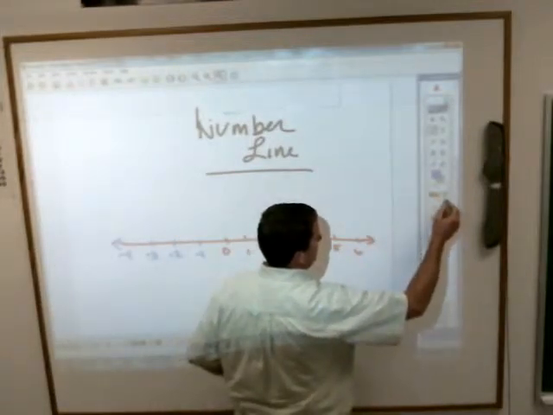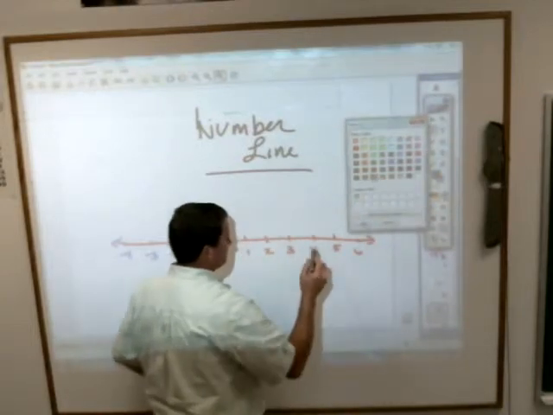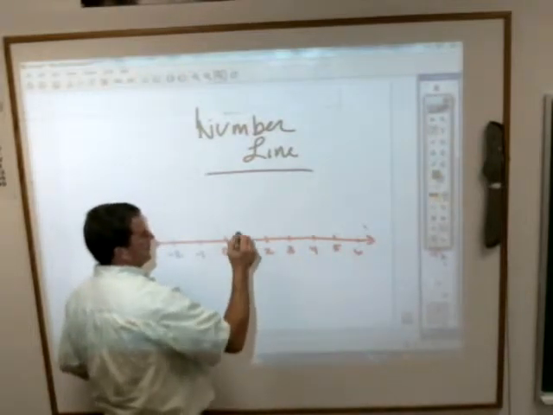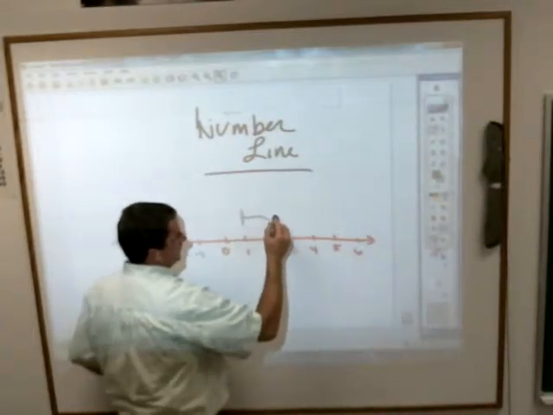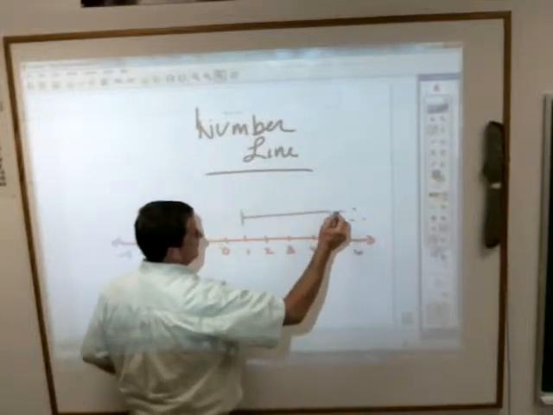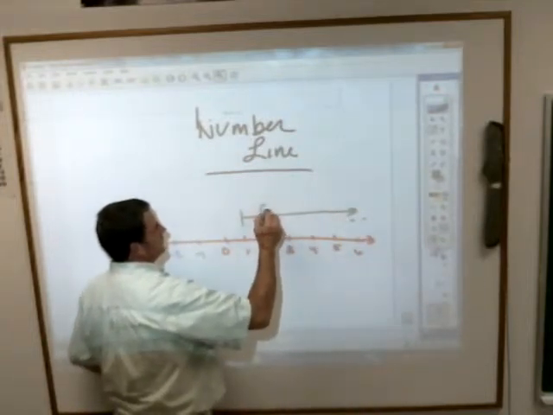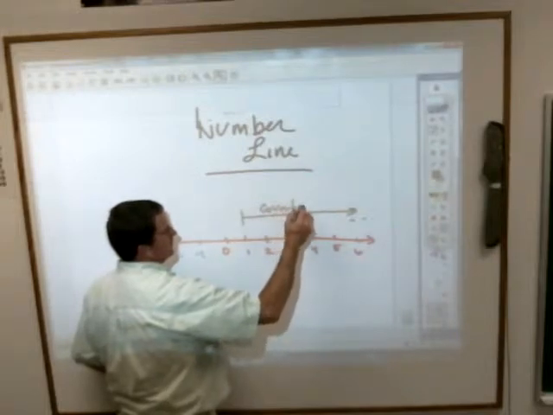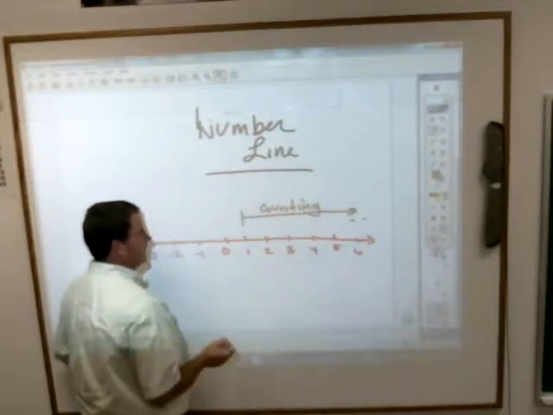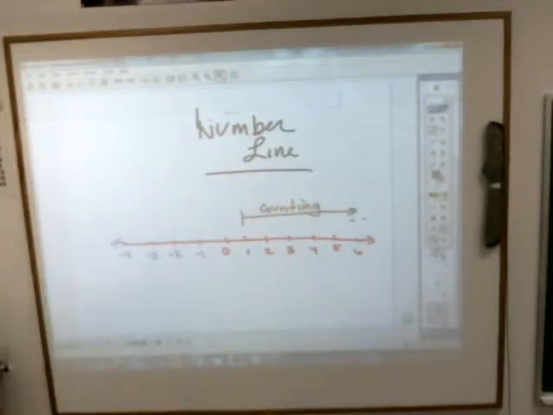These numbers right here, children, starting with 1 going this way, these are the numbers we call the counting numbers. I don't know really why, but one way to remember what the counting numbers are is to remember when your parents taught you to count.